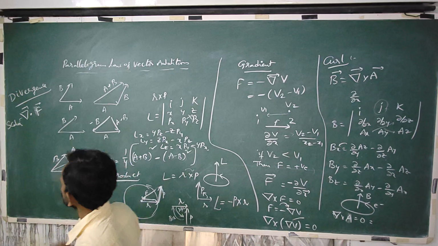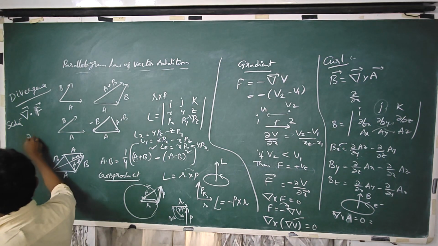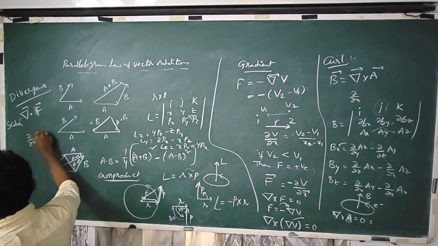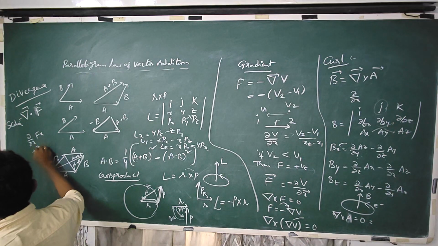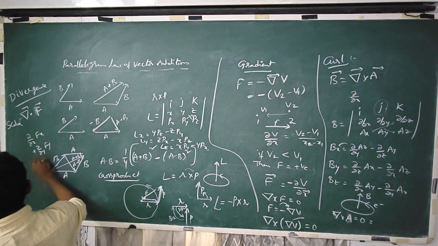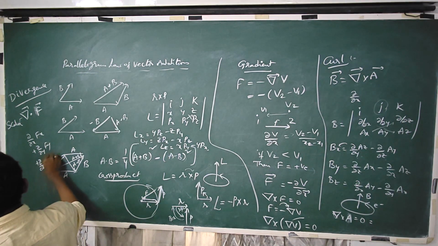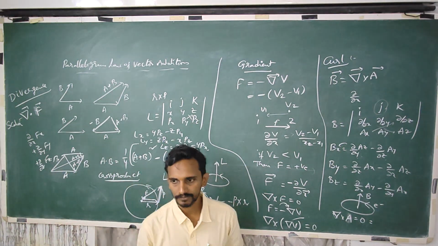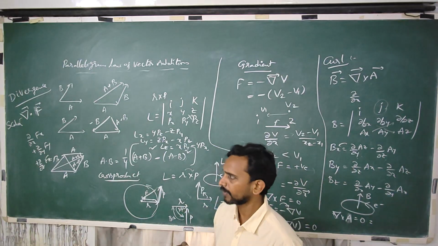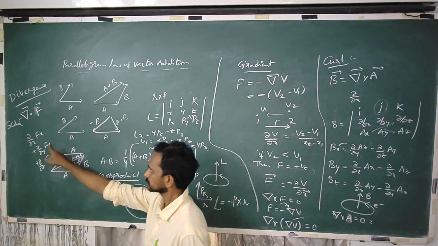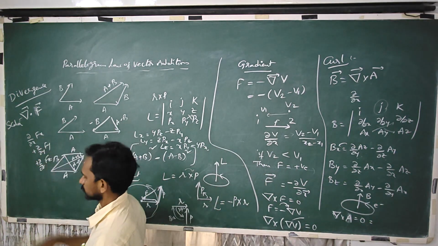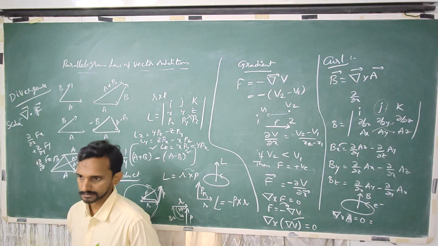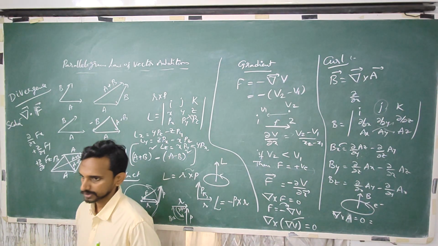Okay, so what do you study there? The spatial variation of the given vector quantity. How does the magnitude vary along the three perpendicular directions of the given vector.